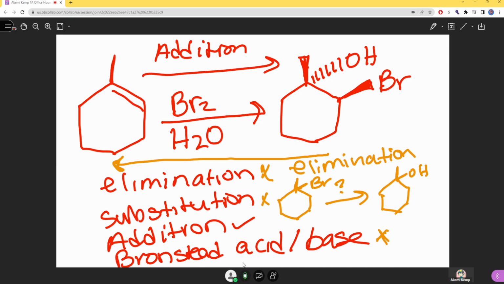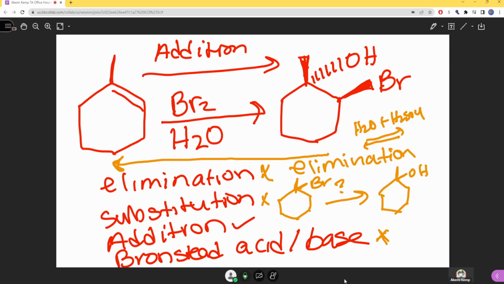So Bronsted acid/base, that is a reaction, right? Because I thought it wasn't a reaction. That is a reaction. Before we touched on addition, we worked with, let's say, H2O plus H2SO4.